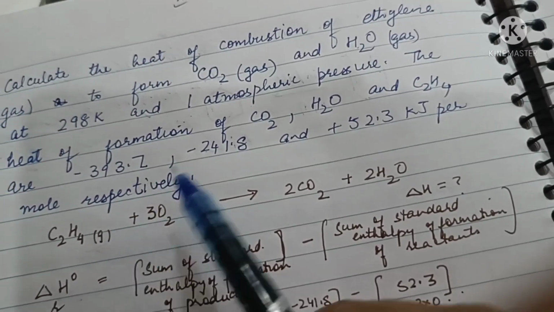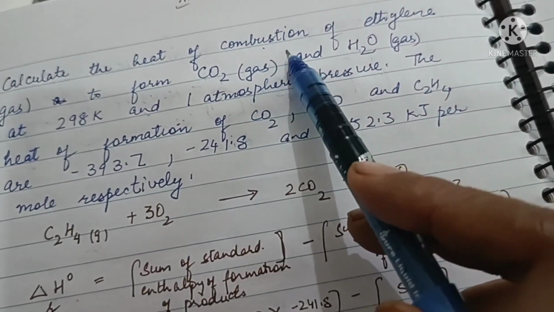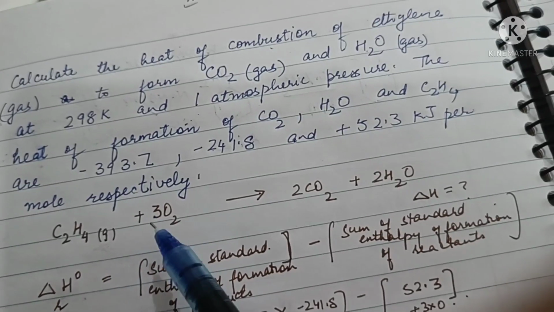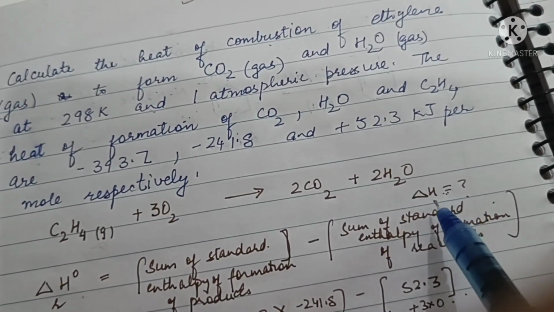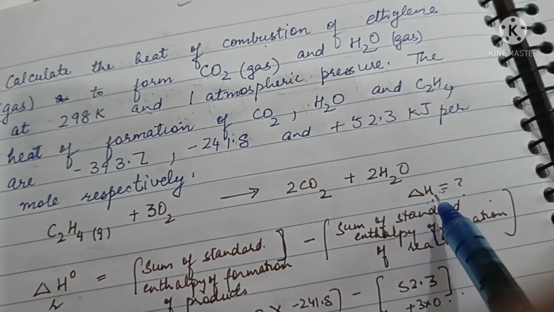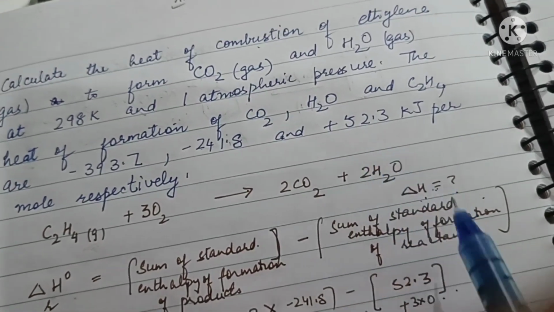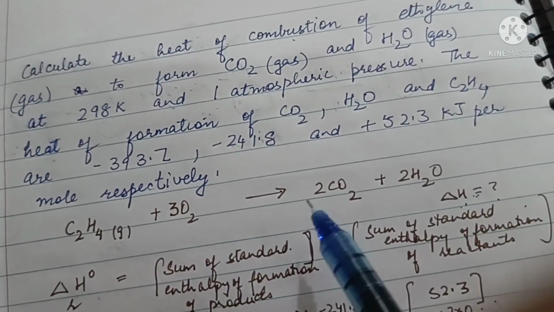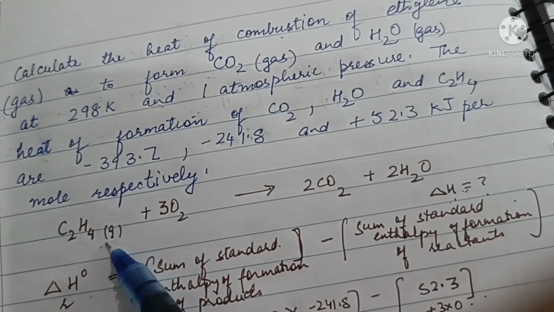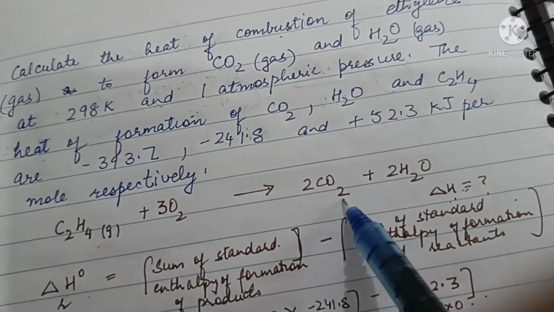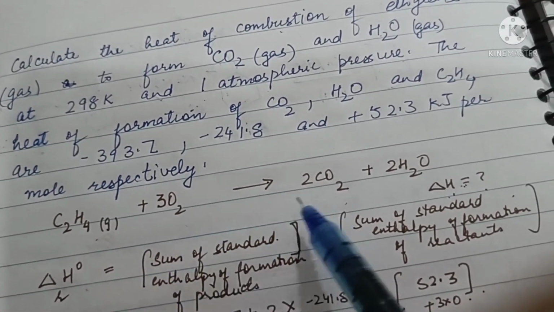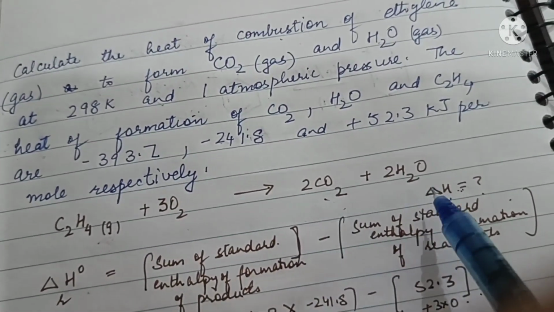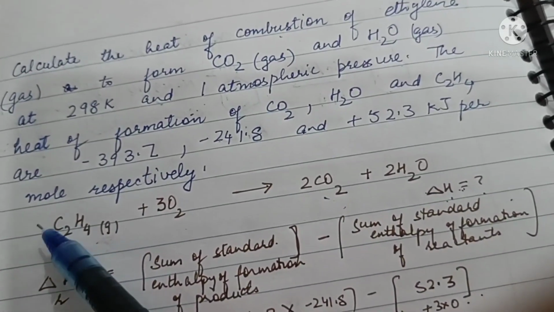Because it's a combustion reaction, to find the heat of combustion we must remember the definition of enthalpy of combustion. It is the heat produced when 1 mole of a substance is completely oxidized in excess of air. So ethylene plus oxygen forms carbon dioxide and water, and this should be for 1 mole.